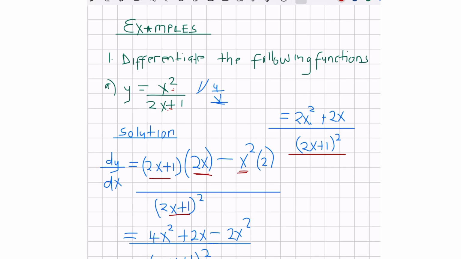You simplify this by multiplying everything in the bracket: 2x times 2x gives 4x squared, plus 2x, minus 2x squared. Then you subtract 4x squared minus 2x squared, and you get 2x squared plus 2x over (2x plus 1) squared as your final answer here.